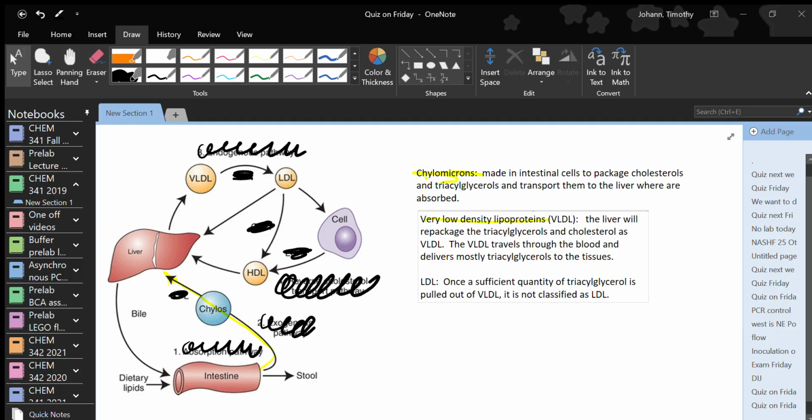So people talk about this transition. This happens just by pulling out triacylglycerols. Let's go ahead and write that.